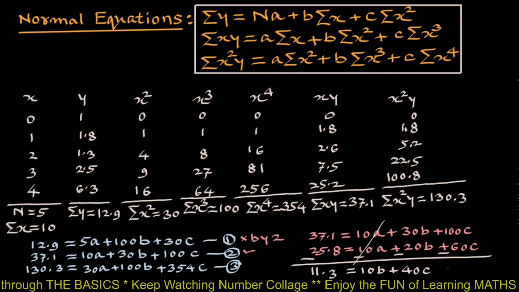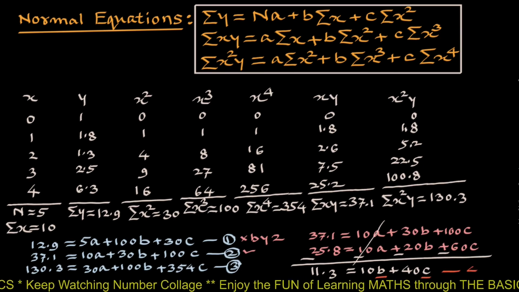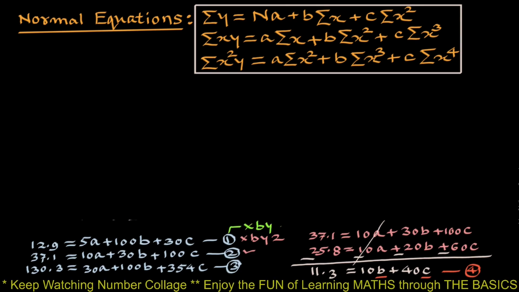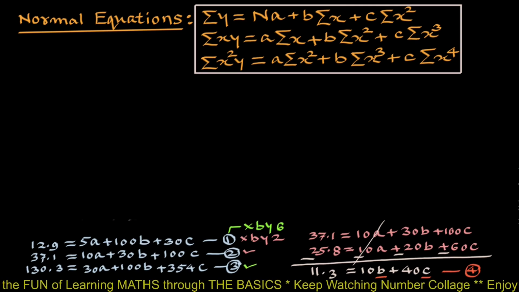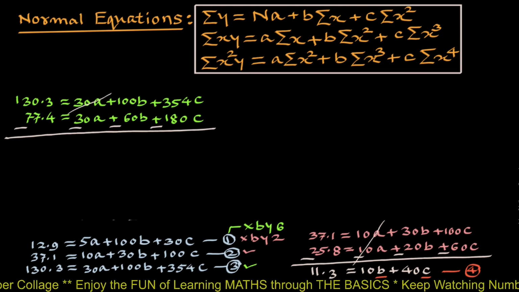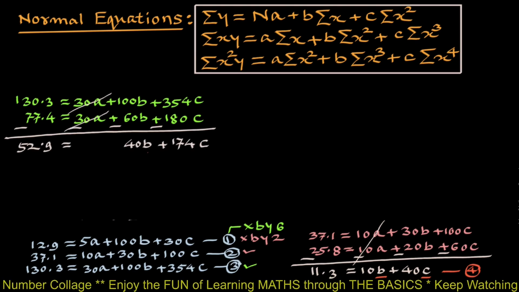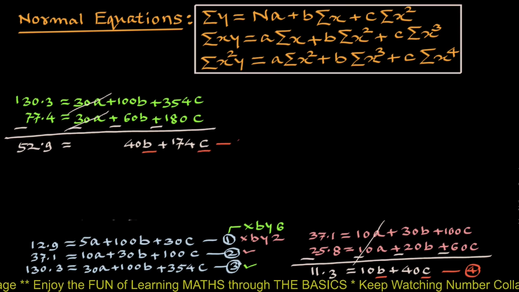Here we got an equation in two variables b and c. We name this 4. Next, we multiply equation 1 by 6 and subtract the result from equation 3. After subtraction, 30a gets cancelled and we get an equation in two variables b and c. We name this 5.